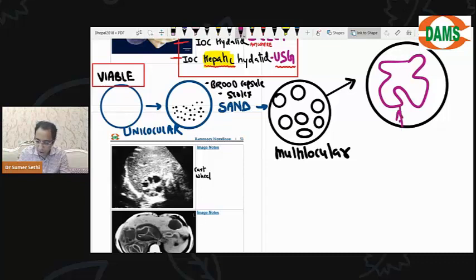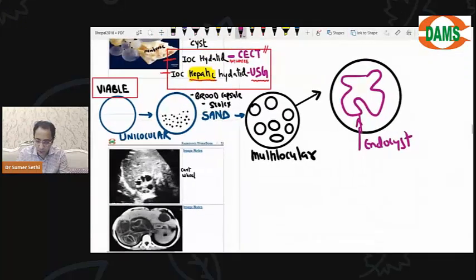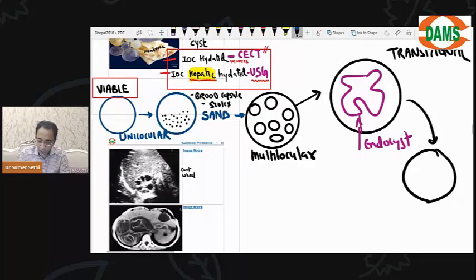The inner layer is the endocyst. When the endocyst detaches, this is called the transitional stage. And then when it dies, it becomes the dead stage.